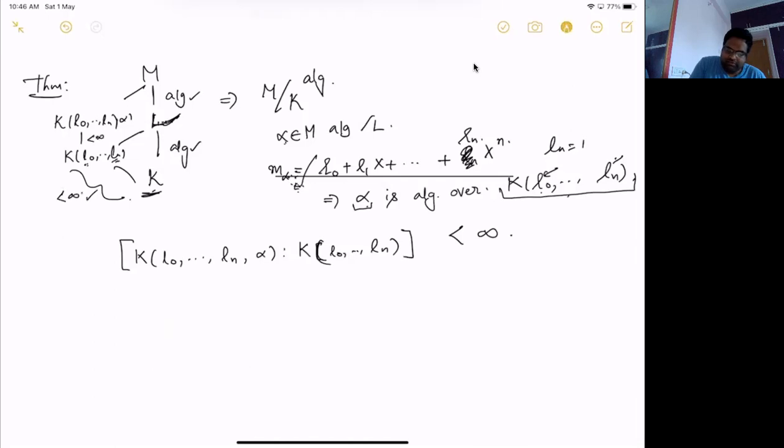This was already shown to be finite because it has degree at most n, and therefore the whole thing is finite. And by the fundamental theorem, it follows that alpha is algebraic over K.